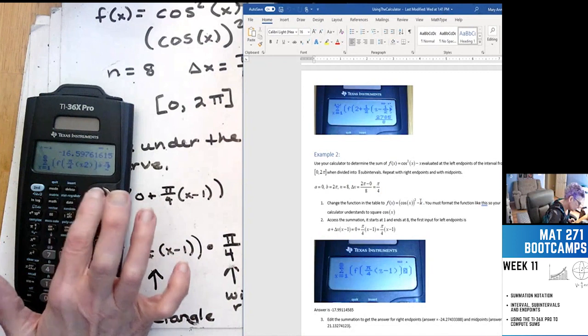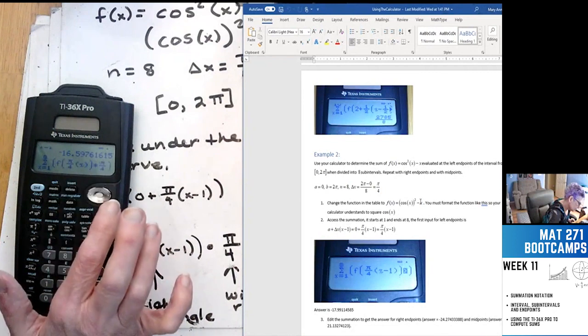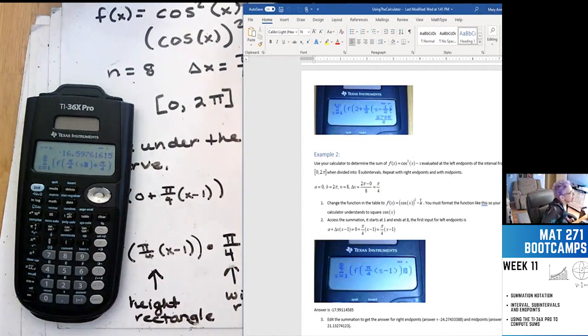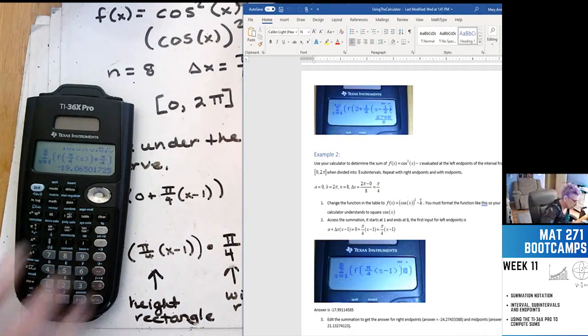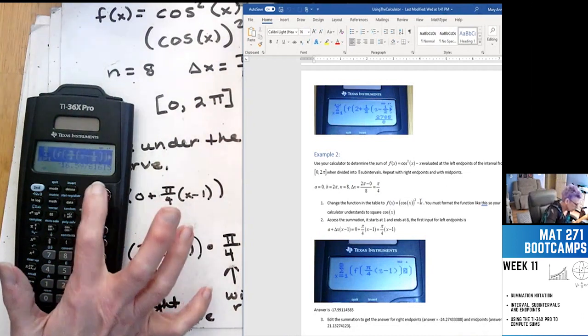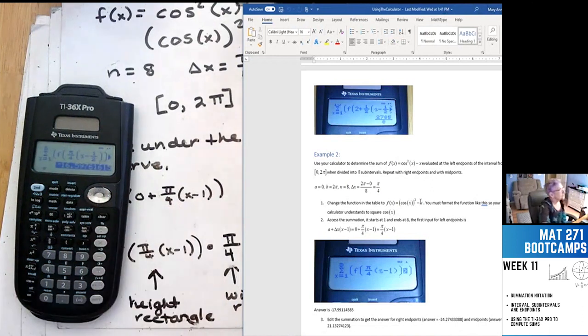Delete, delete, delete. So now I just have pi over 4 times x. And there is my right-hand estimate. For the midpoint, you got -16, correct? With a list of numbers? Yes. Okay.